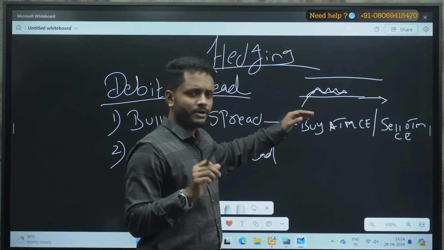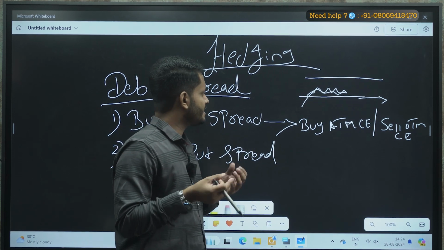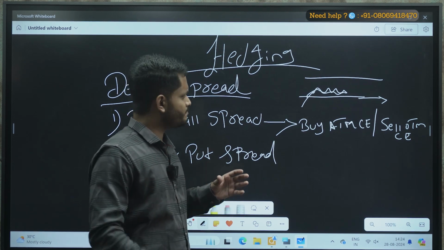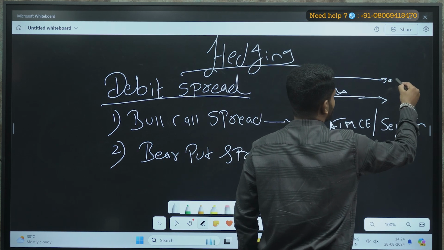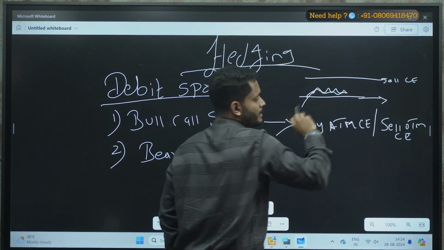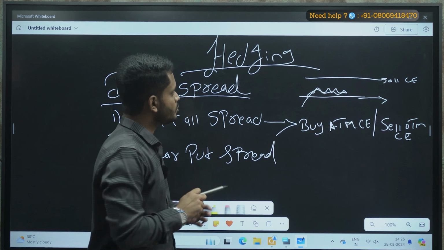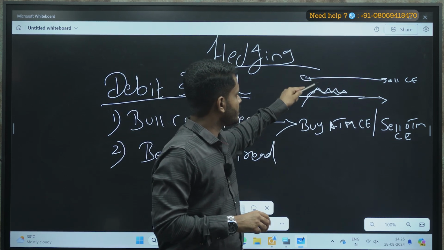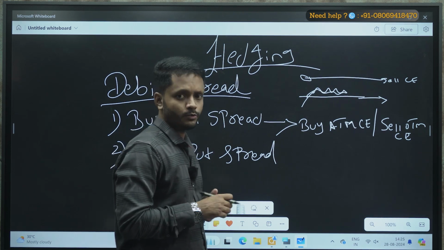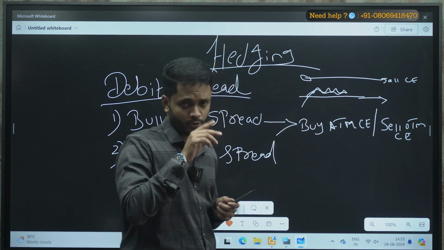The profit won't be much, but still you will end up making money, correct? At the same time, if you sell this call, this premium will go to zero. Ultimately, whatever premium you received will be your profit over here, and you also made a little bit of profit over here.